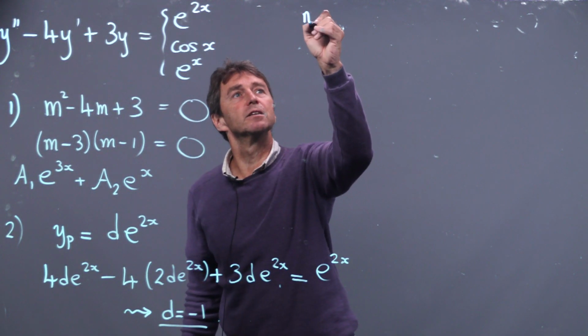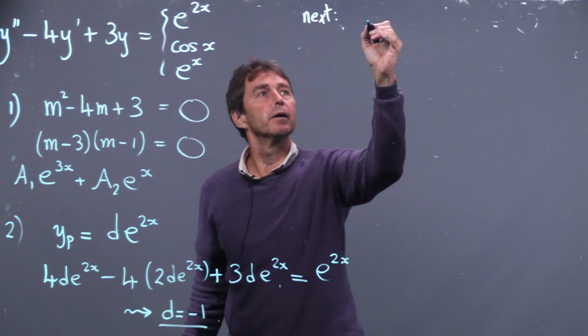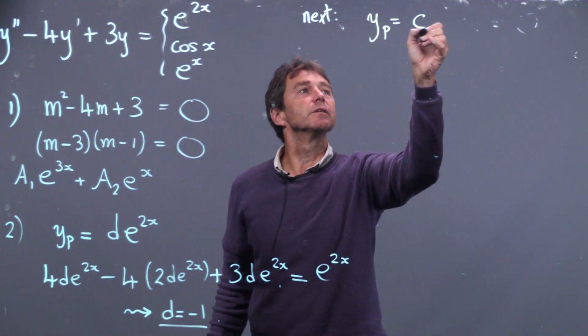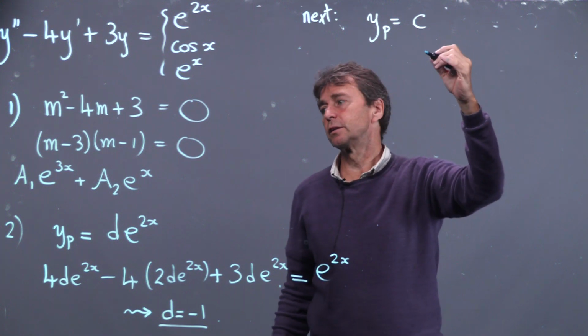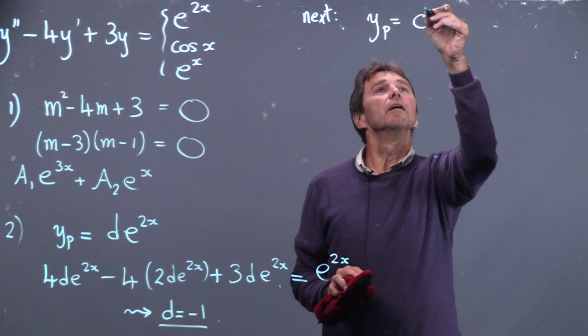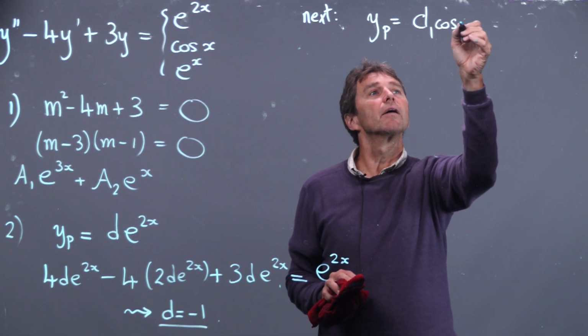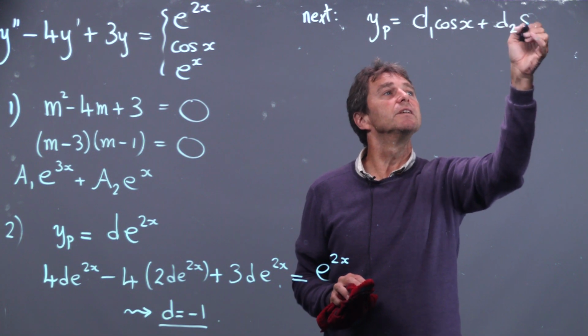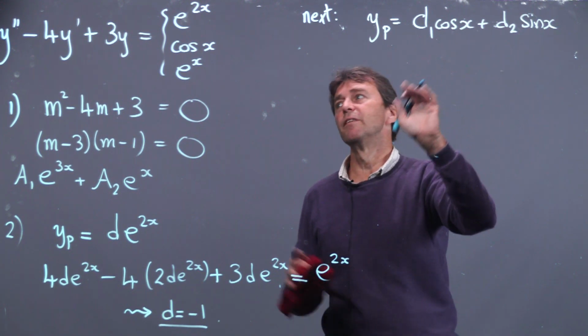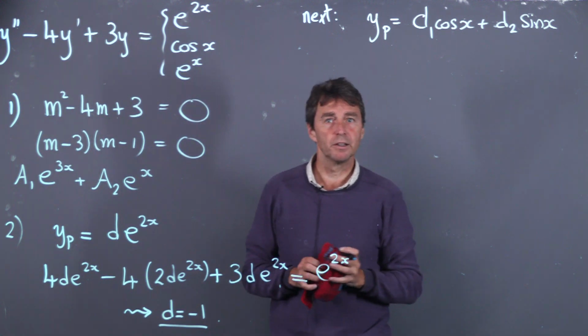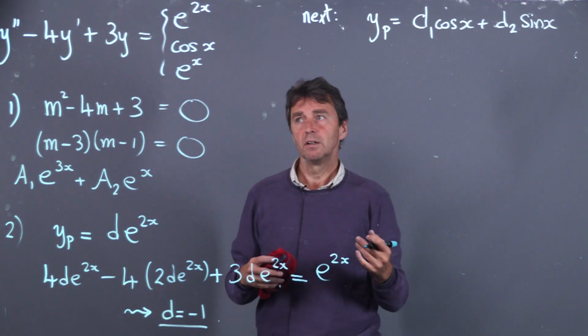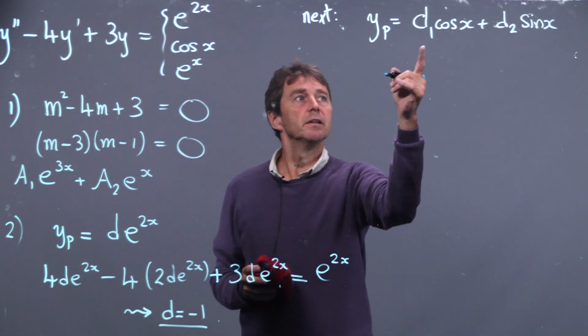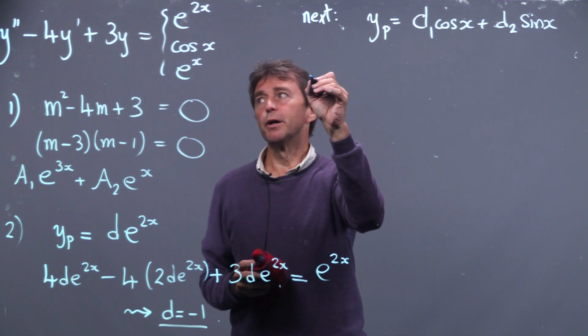So the next example, I'm going to try yp equal to some constant, let's call it d1, cosine of x plus d2 sine of x. I feed them into there, do the algebra, and I should get the result. Let's do it really, really quickly. The second derivative just introduces a minus sign.